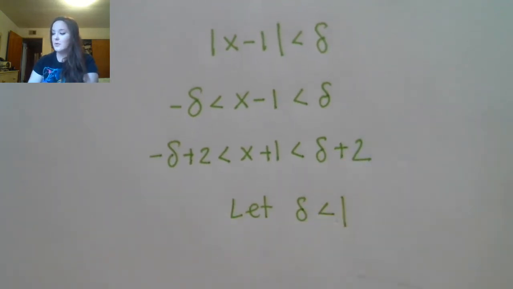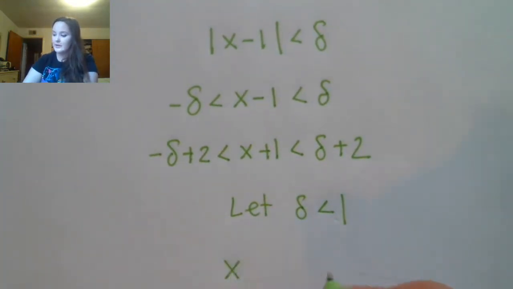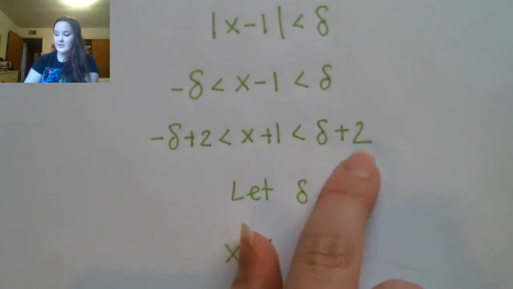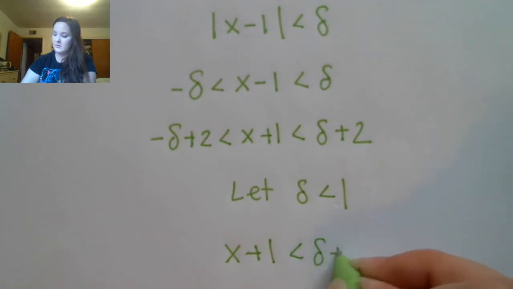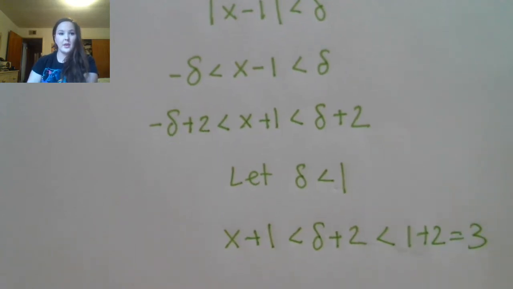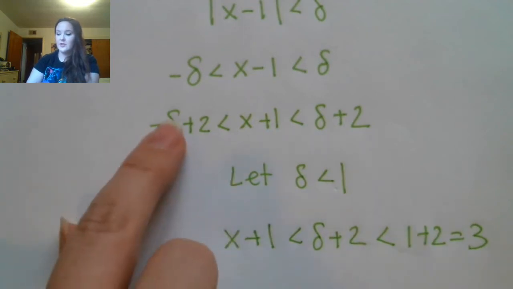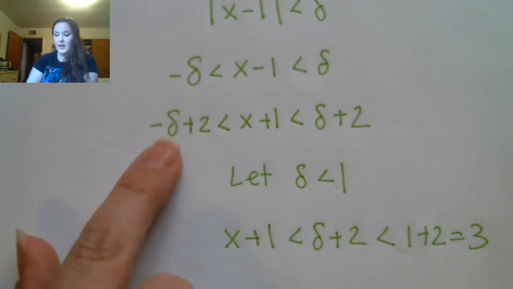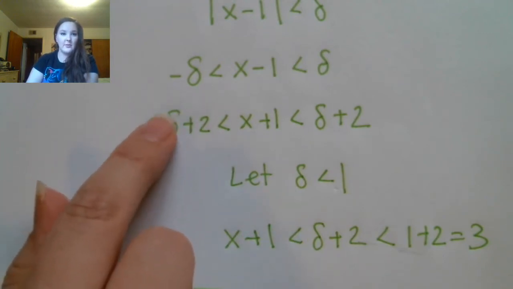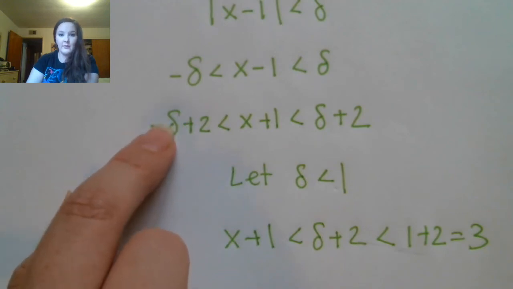So this would mean, if delta is less than 1, that certainly delta plus 2 is going to be less than 1 plus 2, which is 3. Just to talk about the other side for a second, delta has to be less than 1, so negative delta is going to be no bigger than negative 1.